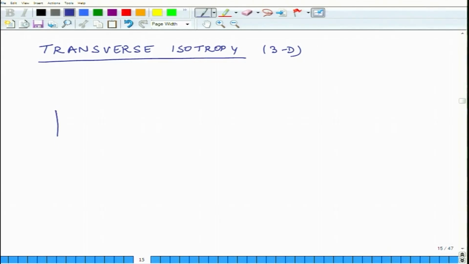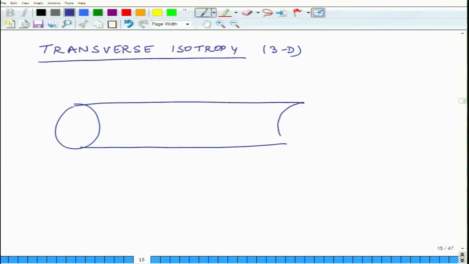Suppose there is a material, so let us take a rod. Let us say it is a wooden rod, and this is my axis 1, I have just changed the orientation of the axis, this is my axis 2, this is my axis 3, and this is a wooden rod.